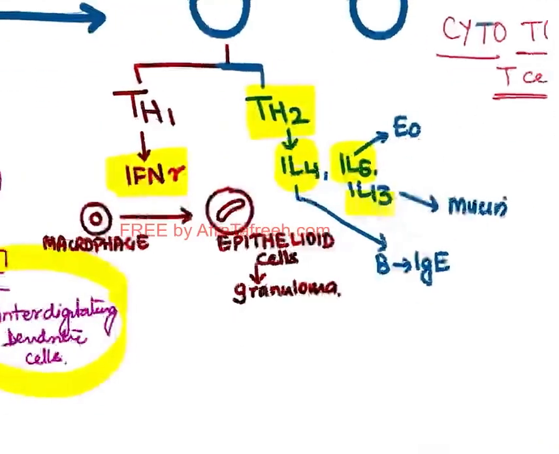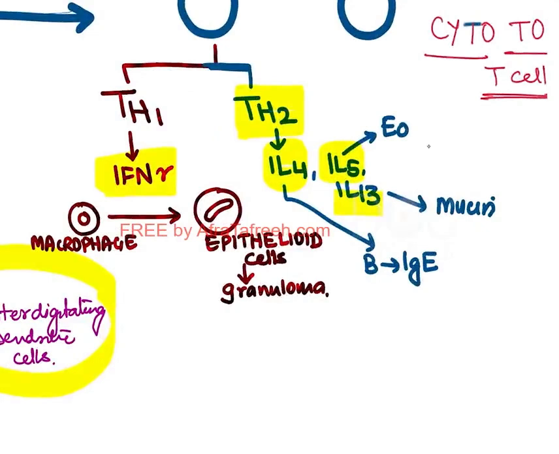Do you know hypersensitivity reaction? You study hypersensitivity reaction in microbiology in so much detail, isn't it? So what is hypersensitivity reaction? It is an exaggerated response to a simple antigen.